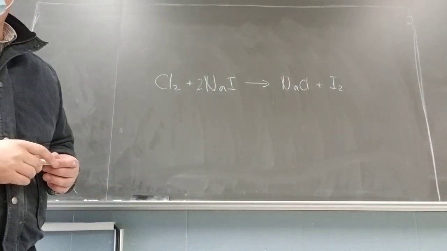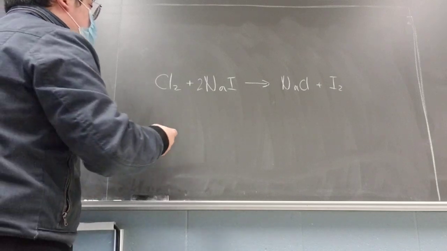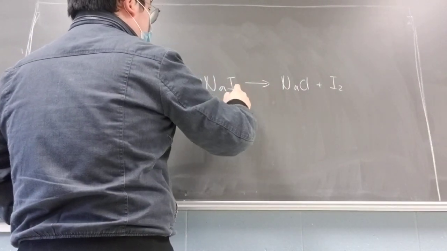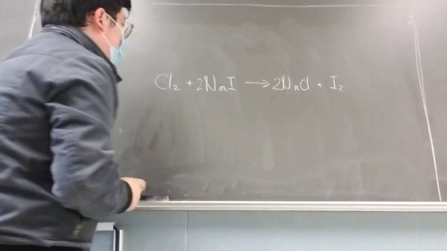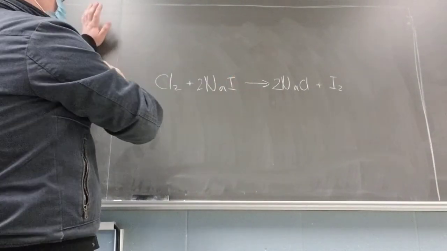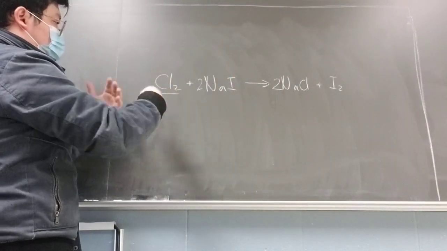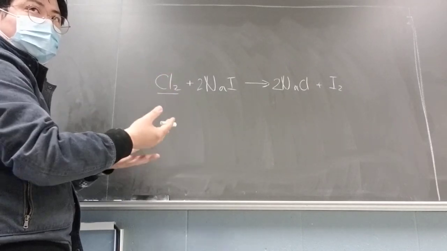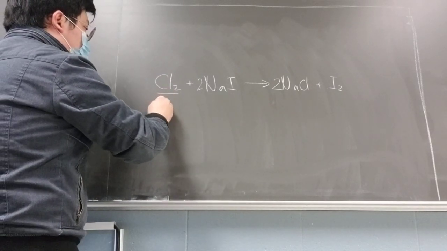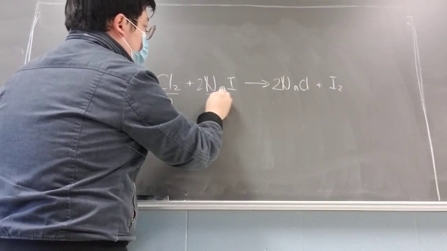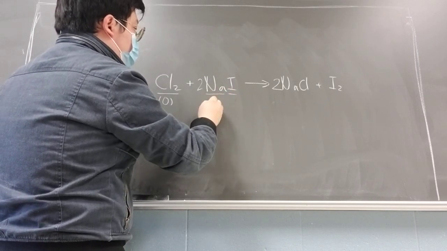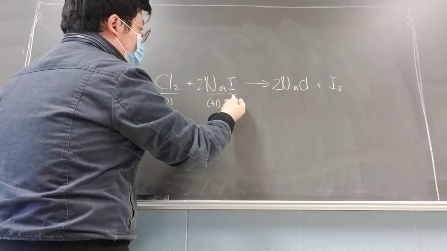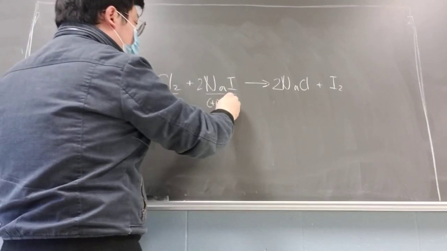So in this case, same thing here. This is the elemental form. It's just the same elemental form, so it'll be 0 here. But in this ion form, the sodium is +1, and iodine, in the second last column, is -1.